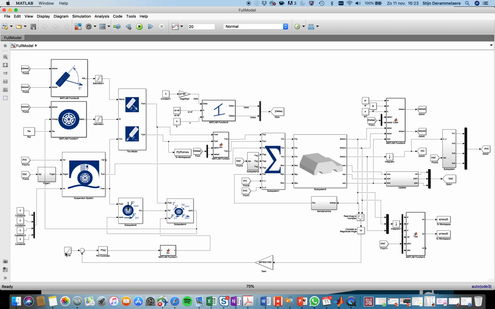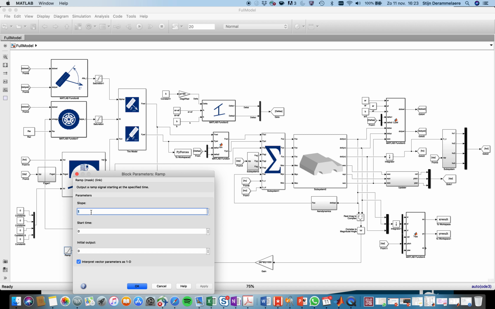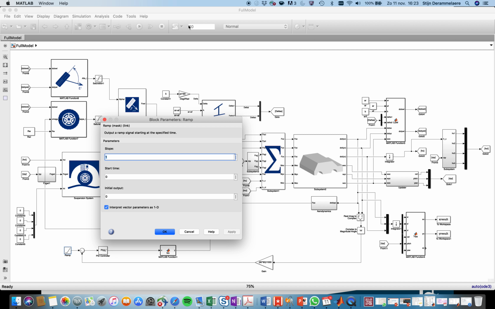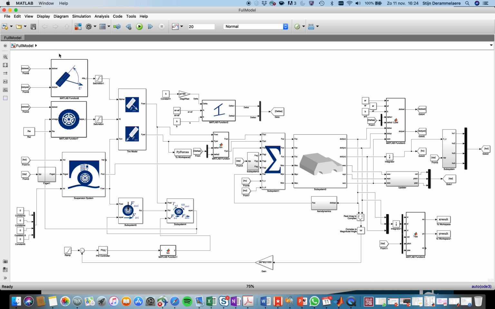So therefore, I replaced the constant speed set point of 40 kilometers per hour with a ramp rising with a slope of 1, start time 0, initial output 0. In other words, we will start with the set point of 0, and after 20 seconds, we will have a value of 20, which is here 20 kilometers per hour as a final set point in our experiment.